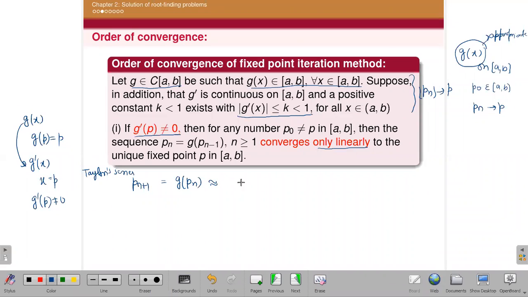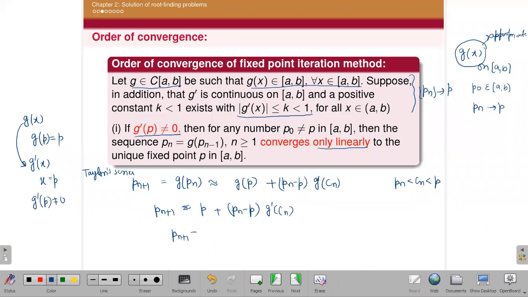So it will be approximately equal to g of p plus Pn minus p times g dash at, if you want to truncate the series, any point in between Pn and p, that is Cn.